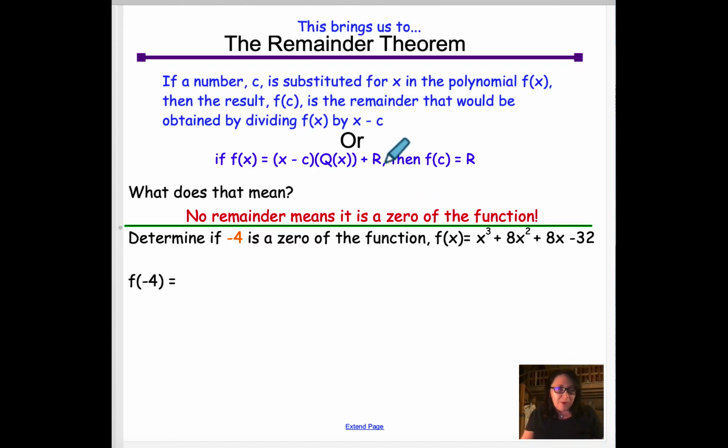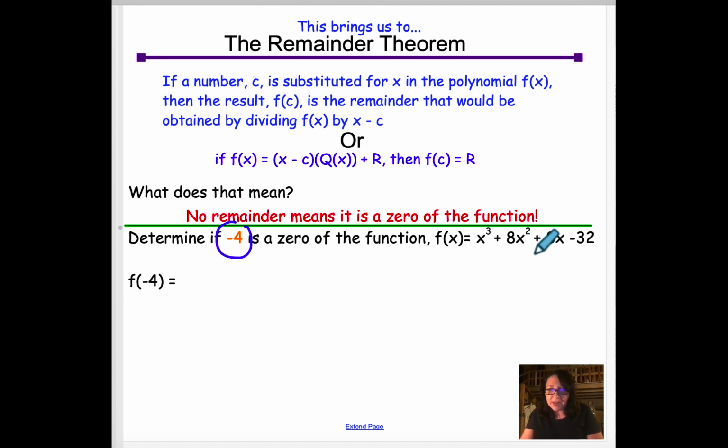So f of negative 4 equals 0, which means we can determine if this is a 0. If you end up getting 0 when you plug this value in, then yes, it's a 0. So you can just plug this value into your equation, and that's called the remainder theorem.